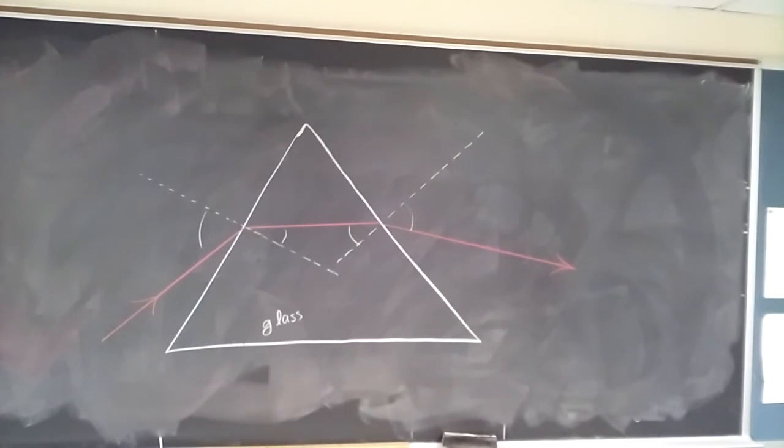Then it comes out the other side on the right and it gets refracted again. The angle changes again. So that's essentially the kind of diagram you're going to come up with for refraction. Okay, that's the refraction part of it, and you can draw these normals and measure angles and so on. Okay, so that's the kind of thing we'll do.